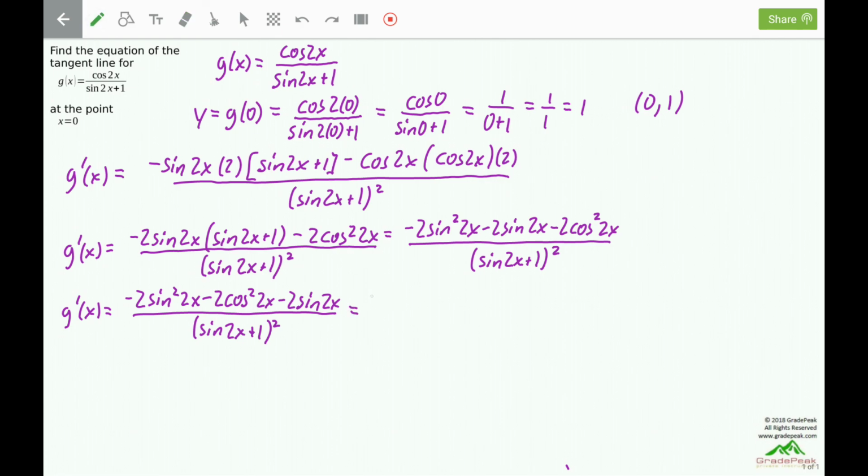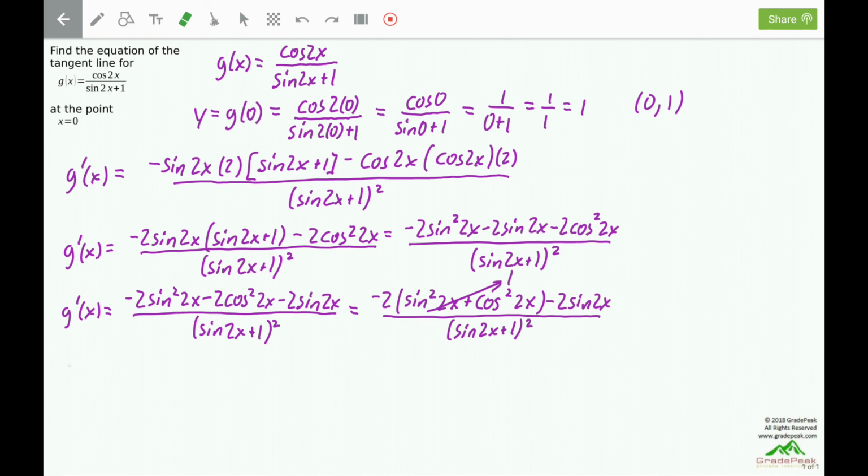I'm now going to factor out the negative 2, and I will have a negative 2 times the sine squared of 2x plus cosine squared of 2x. I'm only factoring out of those two. I'm not going to factor out of this other term because this other term is not involved in the identity. All of this is going to become a 1. We're doing all of this so that we can simplify the form of the derivative before we actually plug in.